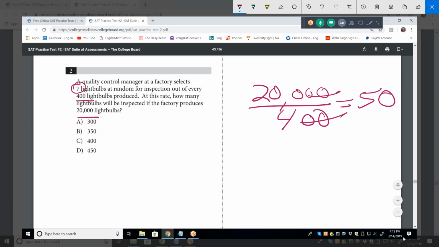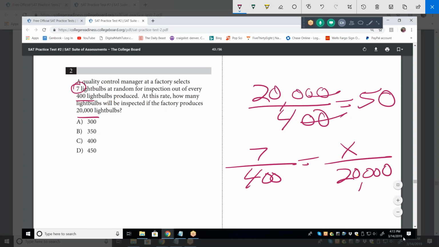Now, like I said, your ratio is probably going to work just fine. You did 7 over 400 equals x over 20,000. Notice we're going to end up doing the same thing. We're still going to divide that 20,000 times 7 over 400, so I'm still going to get the 50 from that.